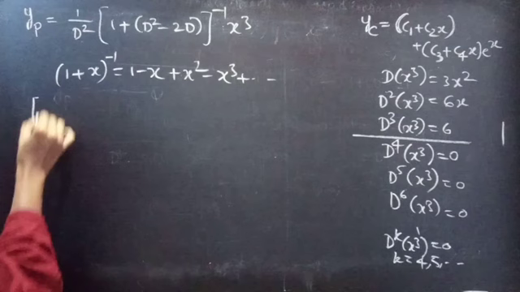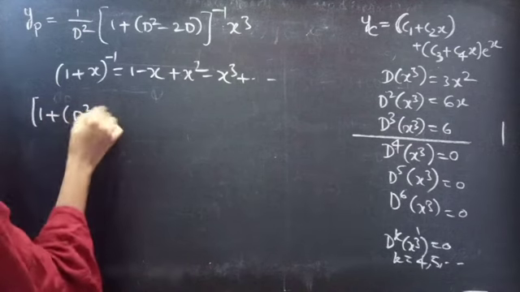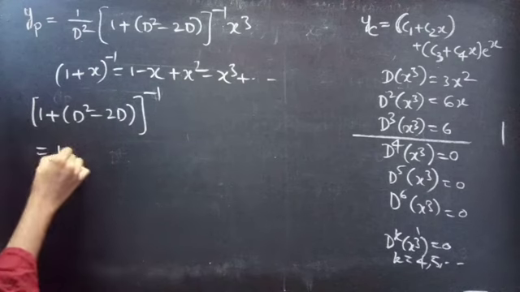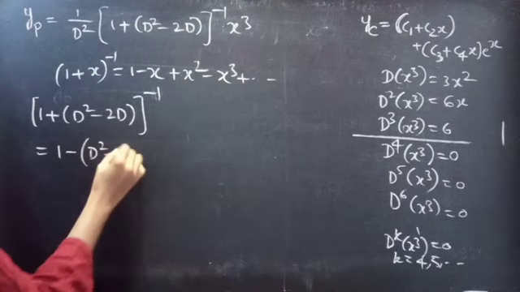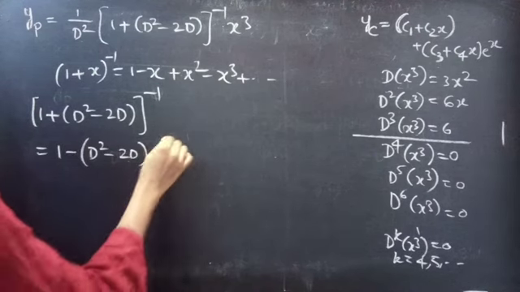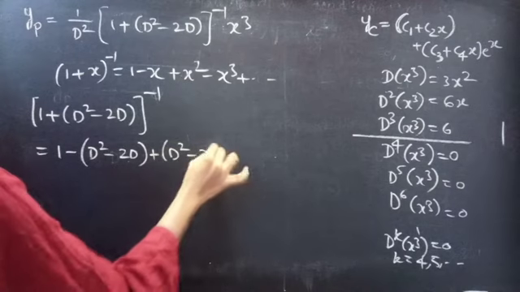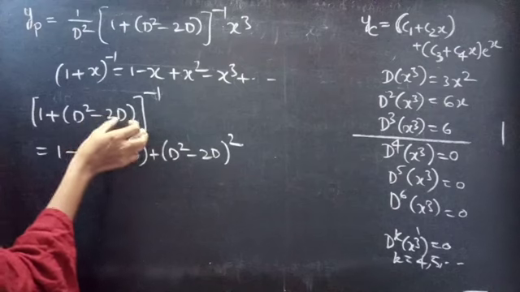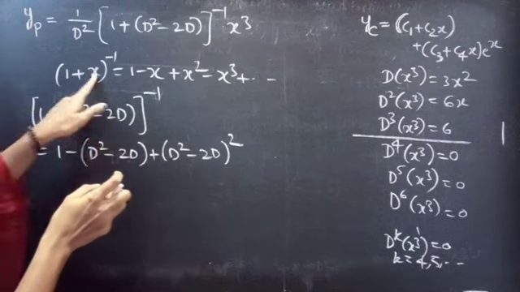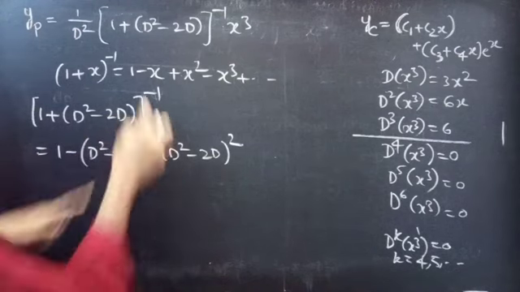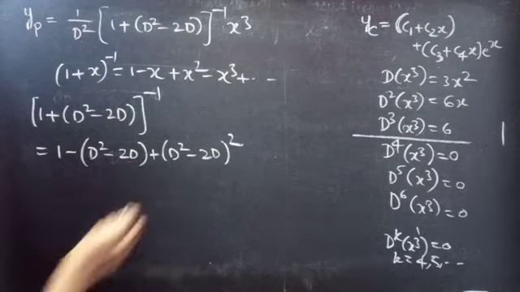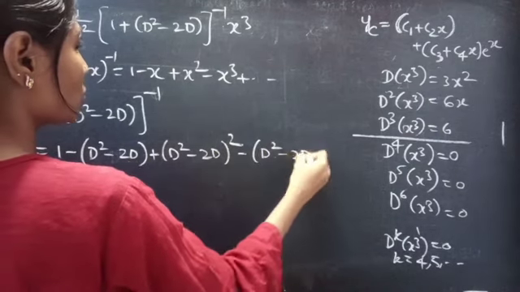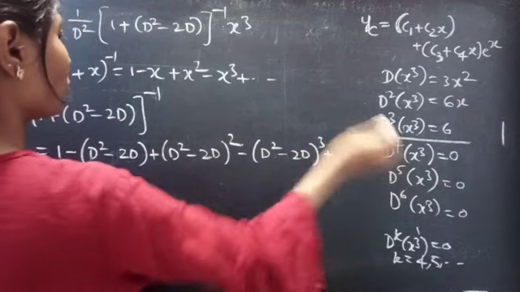Then (1 + d² − 2d)⁻¹ becomes 1 − (d² − 2d) + (d² − 2d)². Just compare 1 + d² − 2d with 1 + x, and for x equals d² − 2d, we'll just apply this formula, right? Minus (d² − 2d)³ plus so on, right?